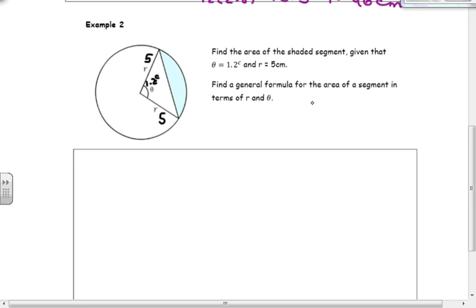So we need to find the general formula for the area of a segment in terms of r and theta. So if we have the area of the sector, which is all of this part here, then we have that this is 5, this is 5, and this is 1.2 radians.